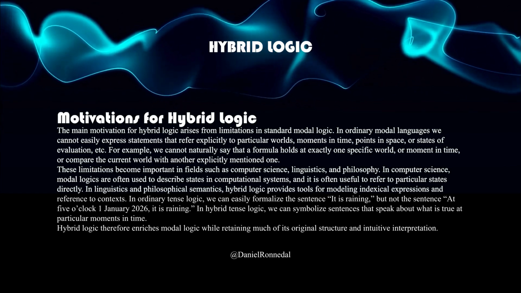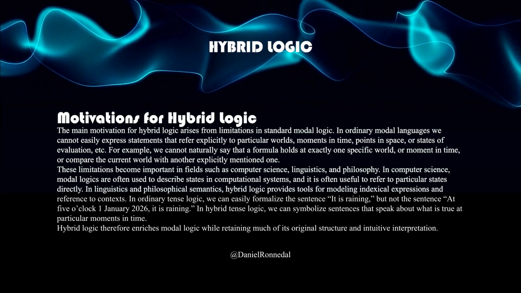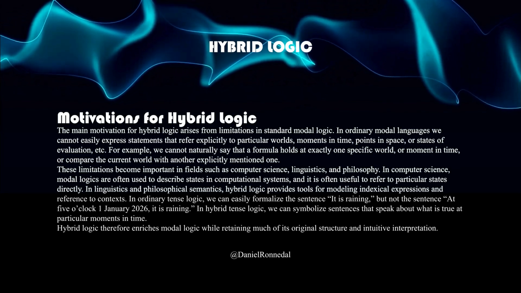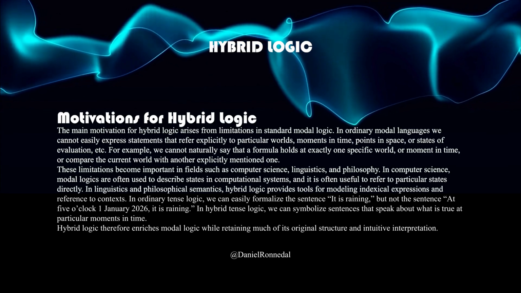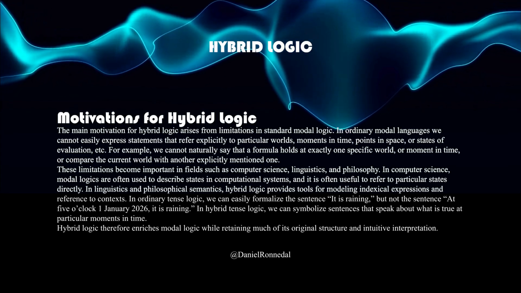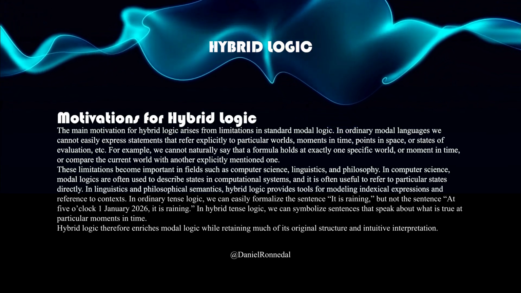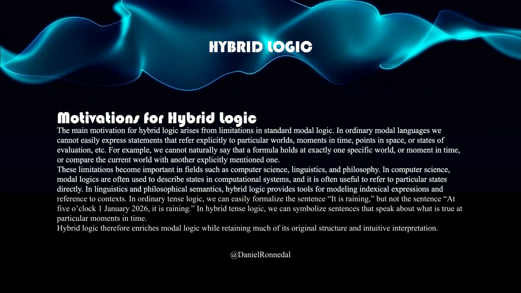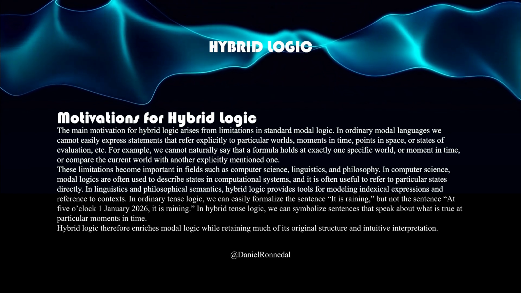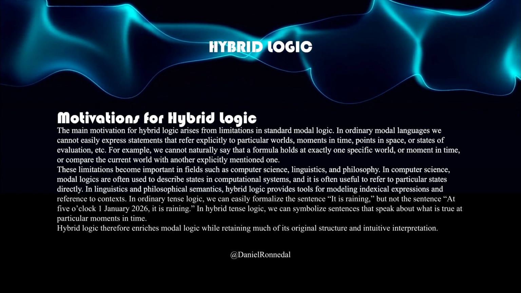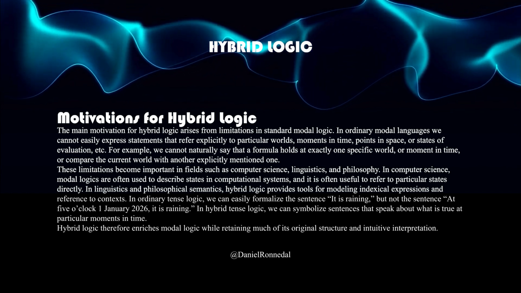In ordinary tense logic, we can easily formalize the sentence, "It is raining," but not the sentence, "At 5 o'clock January 1st, 2026, it is raining." In hybrid tense logic, we can symbolize sentences that speak about what is true at particular moments in time. Hybrid logic therefore enriches modal logic while retaining much of its original structure and intuitive interpretation.